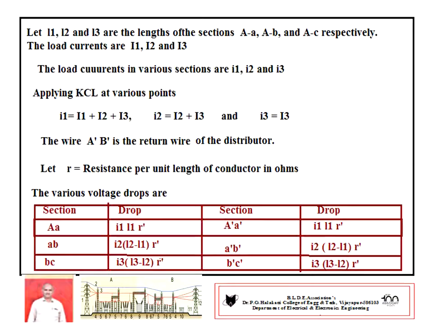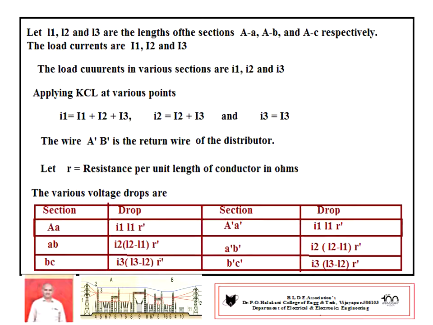Let R dash be the resistance per unit length of the conductor in ohms. Then the respective voltage drops become: in the section A to small a, the current is I1 and the length is L1, so I1 into L1 into R dash.